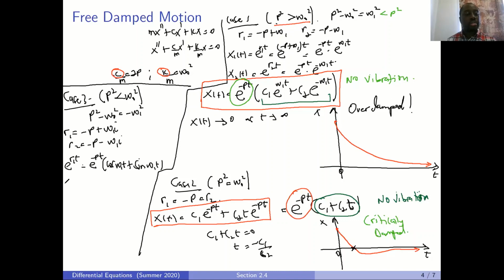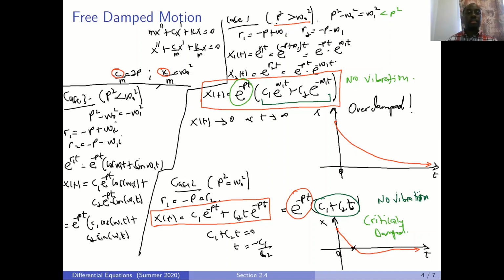And so my general solution, x of t, is going to be C1 e to the minus pt cosine W1t plus C2 e to the minus pt sine W1t, which we can simplify, factor out an e to the minus pt. We have C1 cosine of W1t plus C2 sine of W1t. Okay, so that becomes the motion that we can expect.